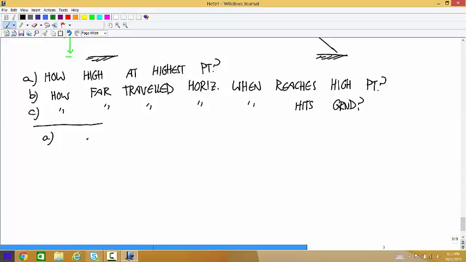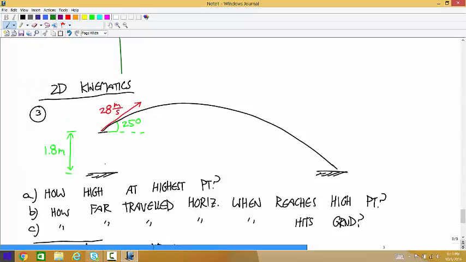Okay, so for part A, time equals 0, time final, origin, and coordinate system. Time equals 0 is when it's thrown. Time final is when it reaches the highest point. And then I'll use the coordinate system on the ground beneath the ball's position at time equals 0 and oriented like that.